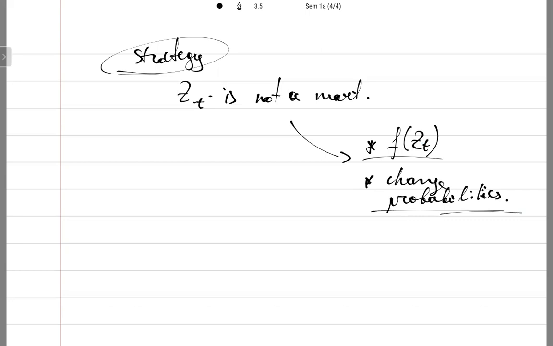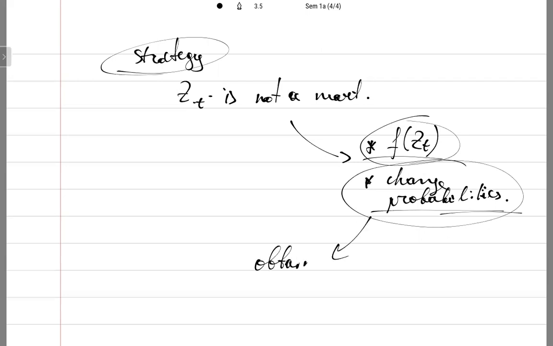If ZT is not a martingale, you can either create a function of it, or sometimes you can change probabilities, and obtain a martingale. Martingales are too beautiful to be missed. It's very easy to work with martingales. So the main strategy would be the following.